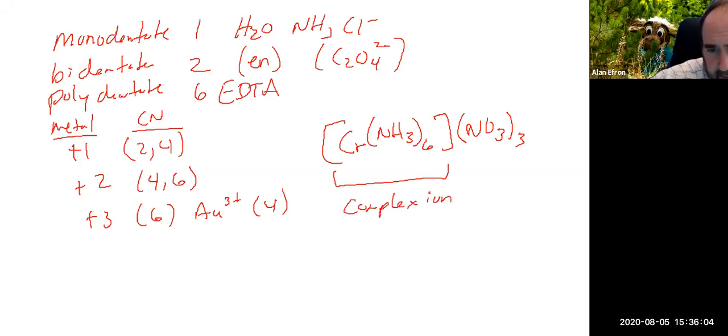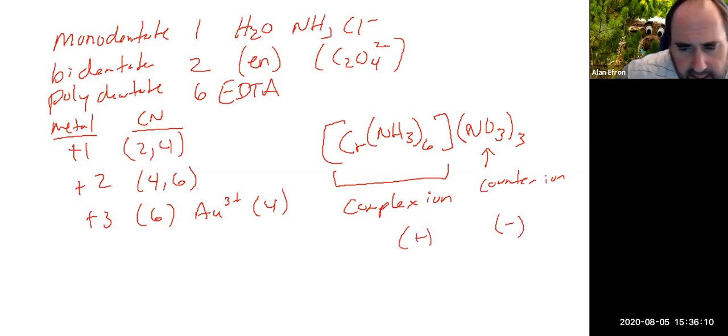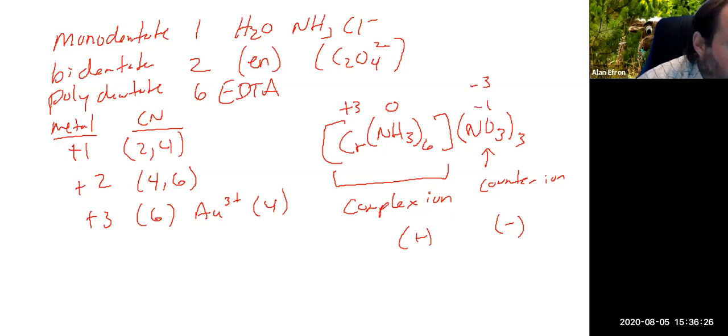This here would be our counter ion in this case. And it always goes positive to negative when you see these. So just by the placement of that, we see that the complex ion is a positive ion. The counter ion is negative in this case. And in terms of oxidation state of the metal, this ligand is 0, nitrate is -1. There's 3 of them, gives you -3. So we know here that the chromium would be +3.